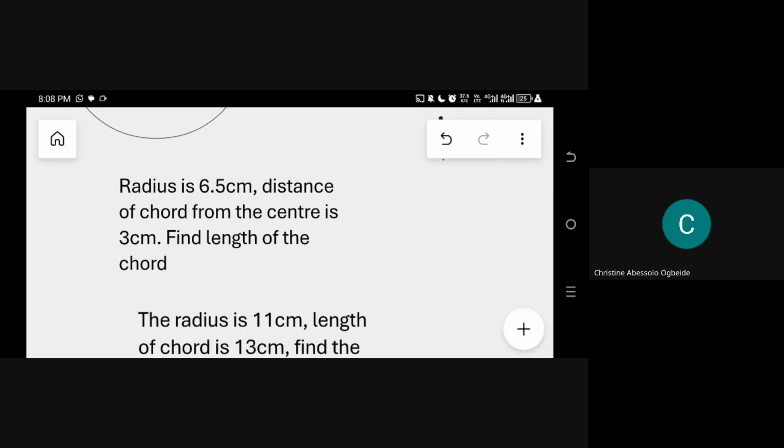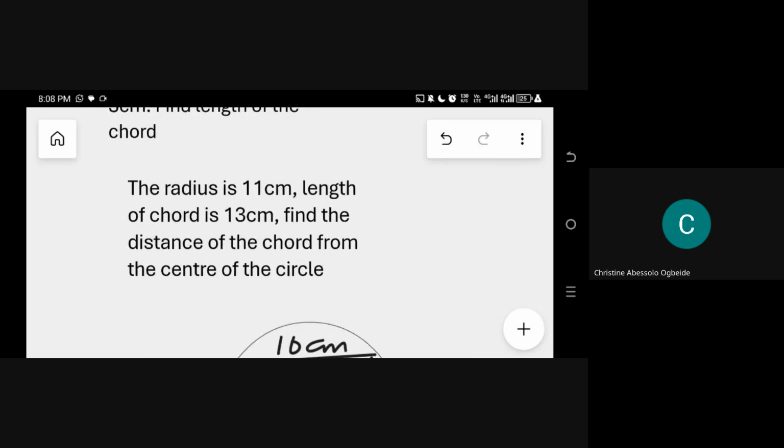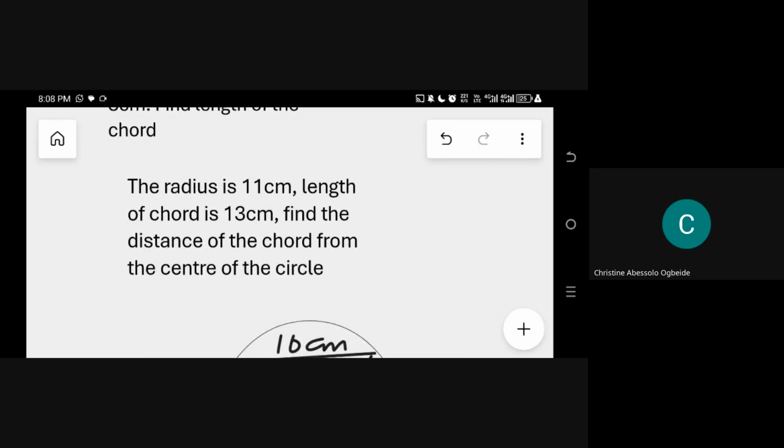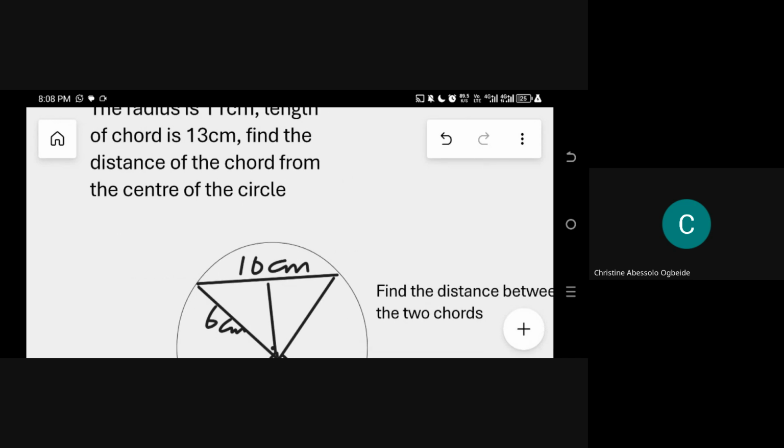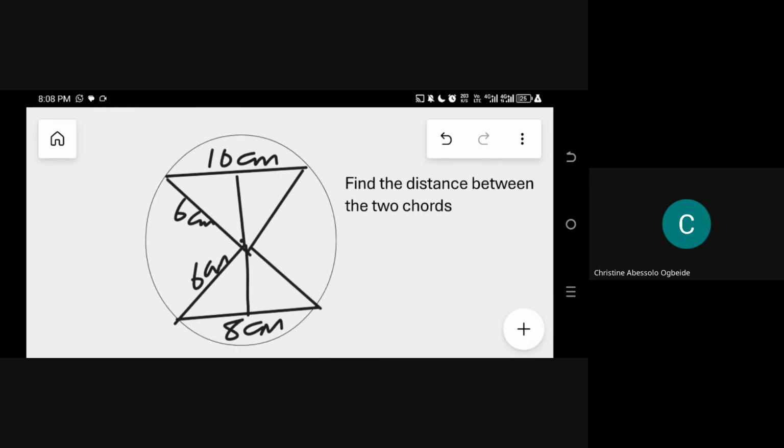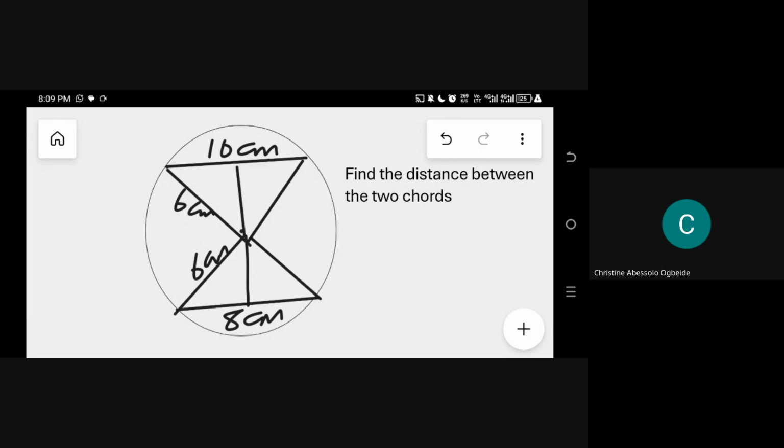This second radius is 6.5. That's Lucas's. Lillian, the radius is 11 centimeters. That's Lillian's. Then Christine's is this. It looks as if it's the most difficult, but it's actually the easiest today to do. So this is where we're ending the class for today. Next time we'll be going to another topic, like I've said earlier.